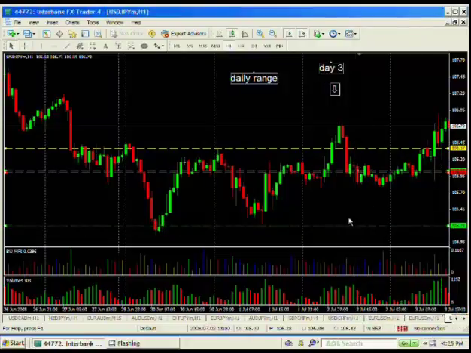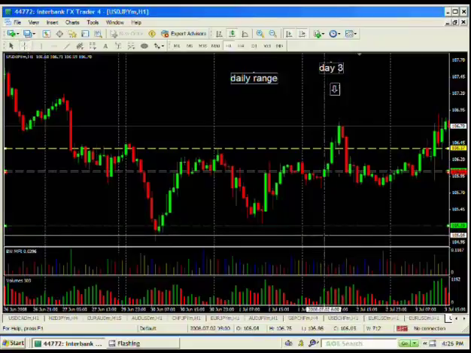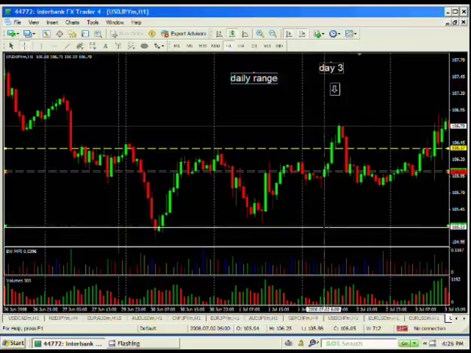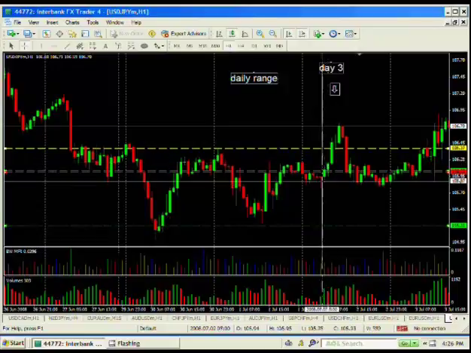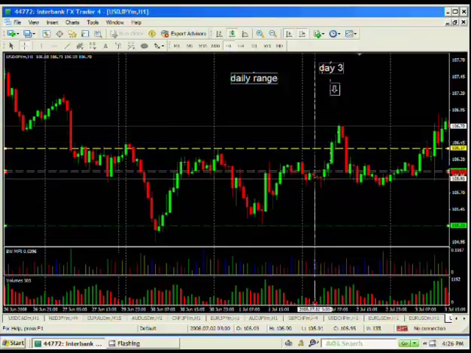Now, if we look at the day we're on, day 3, and look at when the public first came in, let's see what happened. The public came in here. Okay, that's when the market started this swift move up.